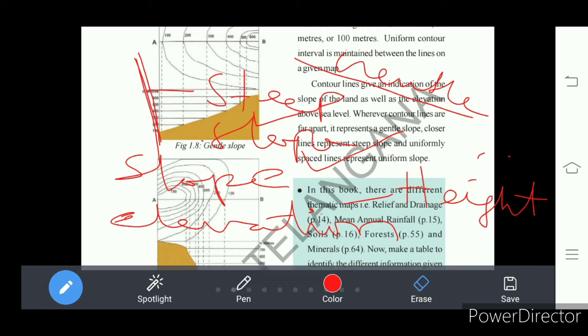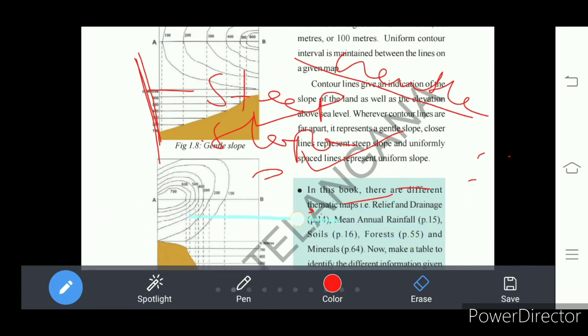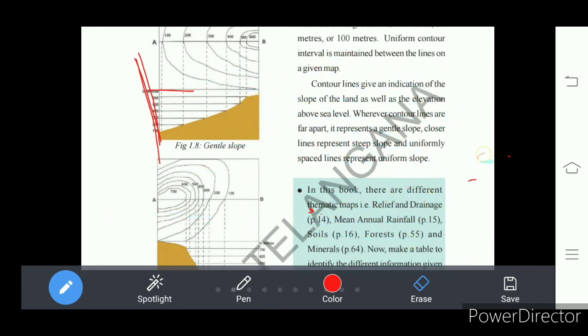So the contour lines indicate the slope of the place, how much slope there is. The second thing is that it tells how much elevation from the sea level, how much height it is from the sea level. Contour lines are drawn at intervals between lines.